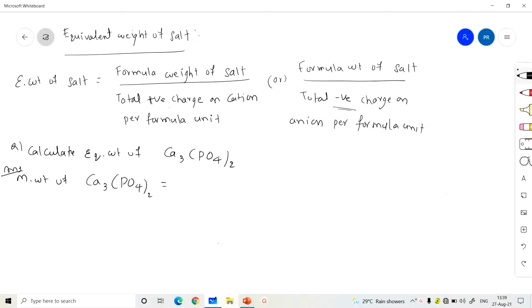So here how many calciums are there? 3 calciums. So each calcium is having 40. 3 into 40. Next 2 phosphorus, 2 into 31. Next 8 oxygens, 8 into 16. Total, if you see that, 310. That is the molecular weight of calcium phosphate.